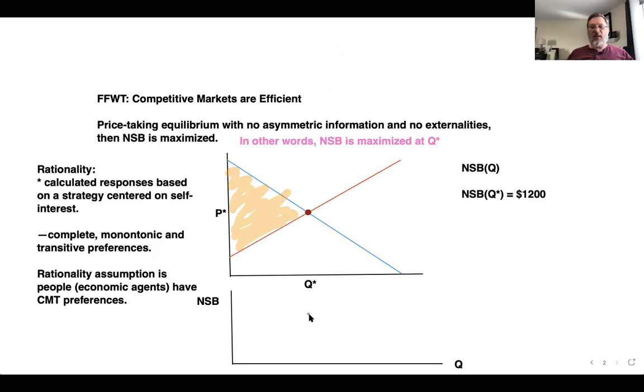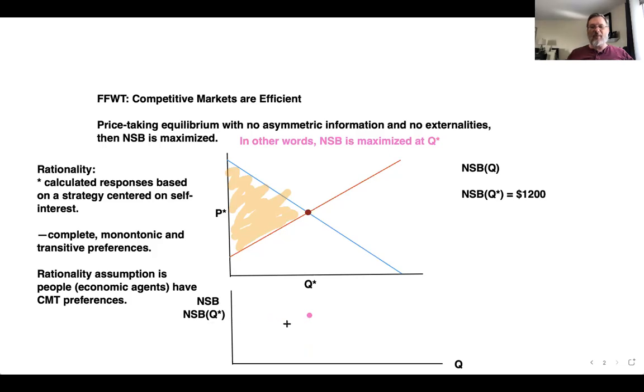There's our NSB at Q star, that's one point. Okay, and can you see how that's at Q star and that's the NSB at Q star, right?